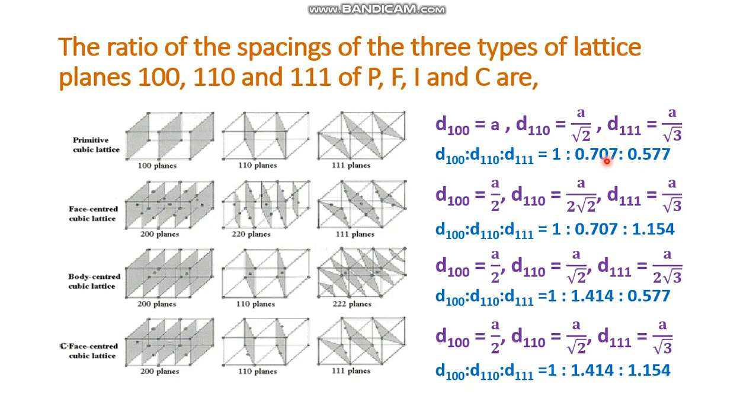These data are very important when you will be analyzing the crystal lattice structures by X-ray diffraction method. All the 4 lattice planes have different ratios of the interplanar distance correspondingly for 100, 110 and 111 planes.